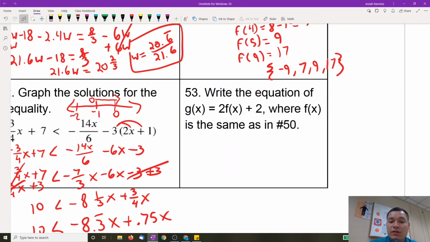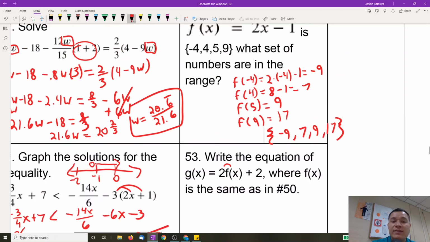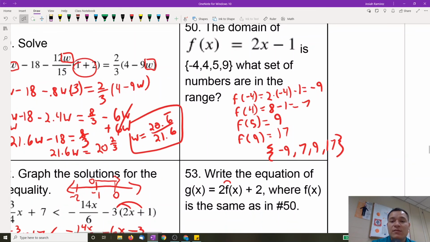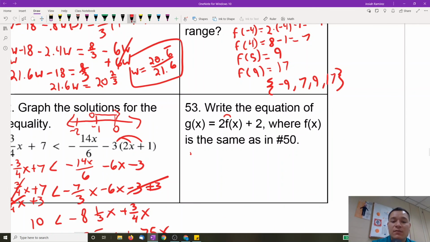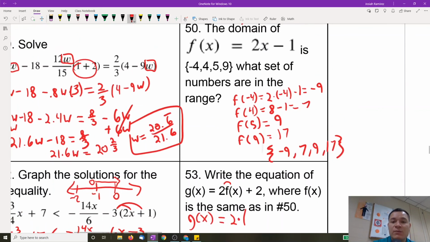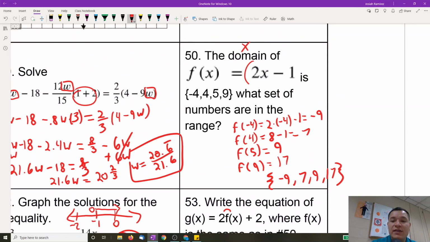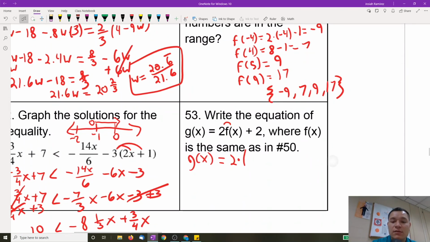Write the equation of g of x equals 2f of x plus 2. So this means we're going to times f of x by 2, and then we're going to add 2 to whatever is in number 50. So that's 2x minus 1. G of x equals 2 times, in a parentheses, we're plugging in what f of x is equal to. We're taking all of this and putting it in that parentheses.